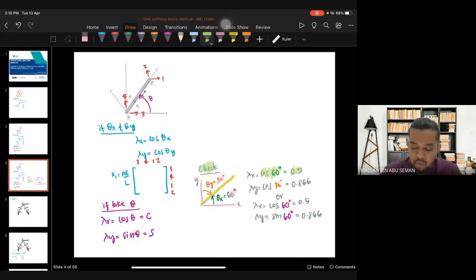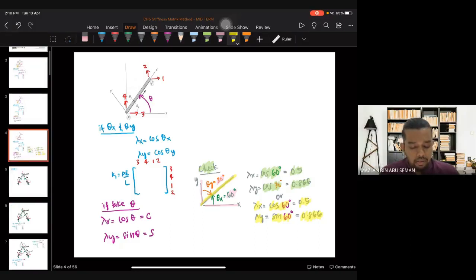Then for lambda y, cos 30 is 0.866. Or if you use theta, then lambda x is cos 60, which is 0.5, and lambda y is sin 60, the same value as cos 30, 0.866. So still the same value. Everybody clear on this? Clear, all right, thank you.